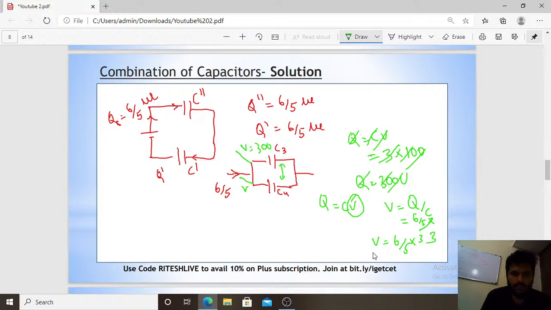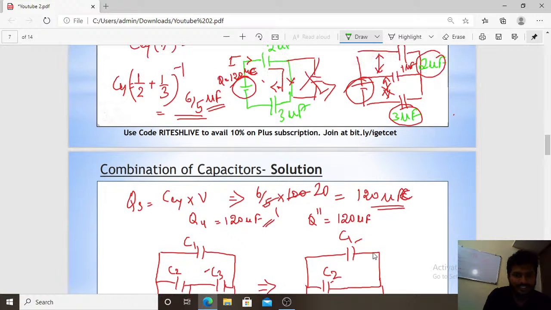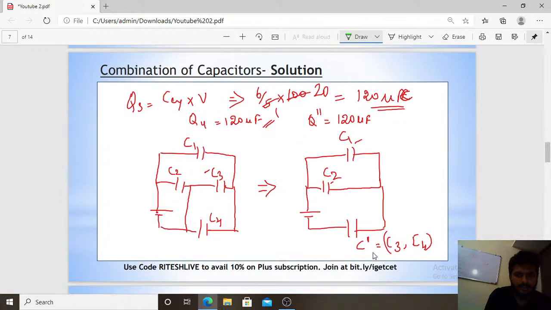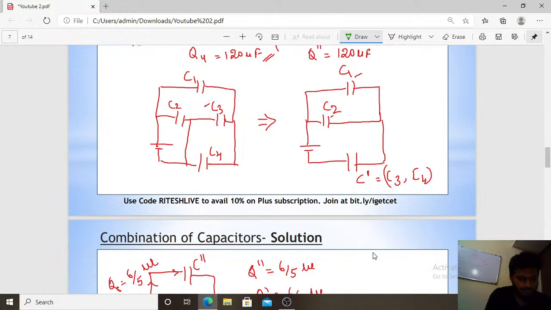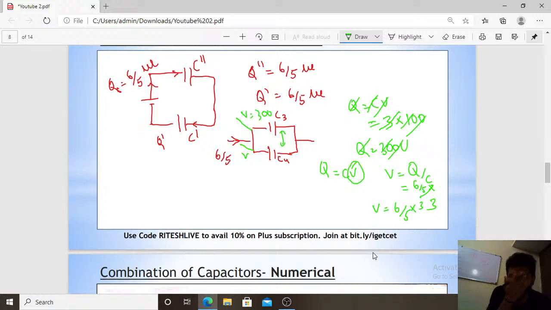6 by 5, 6 by 5. Q is not 6 by 5, it is 120. Then you only told, right, Yashasvi? 120. Yes, right.